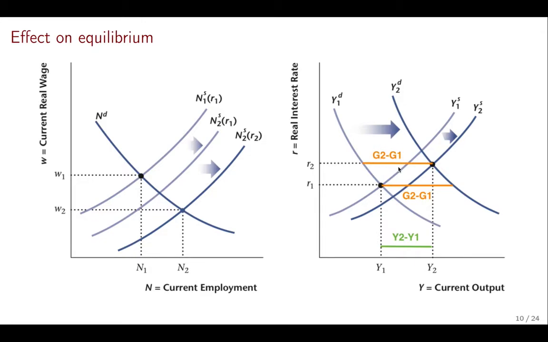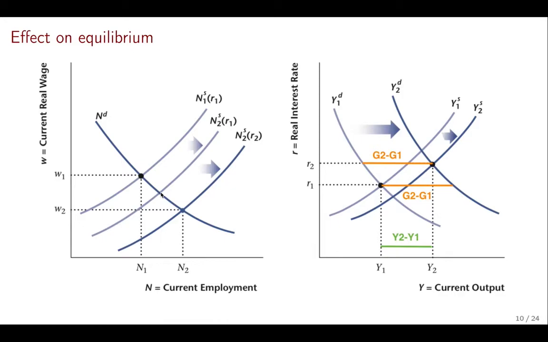Now, what's going to happen to aggregate supply? Well, here is where the effect on the consumer's labor supply is going to kick in. We saw in the last video that because of the negative wealth effect of higher taxes, the consumer wanted to increase labor supply. That is this effect, going from the first labor supply to the second labor supply.